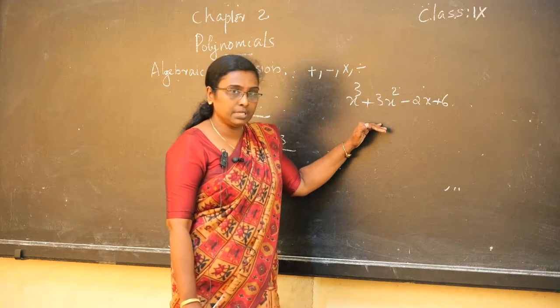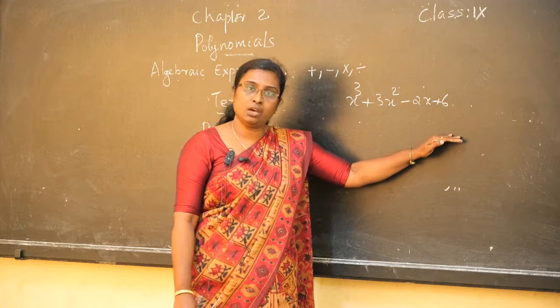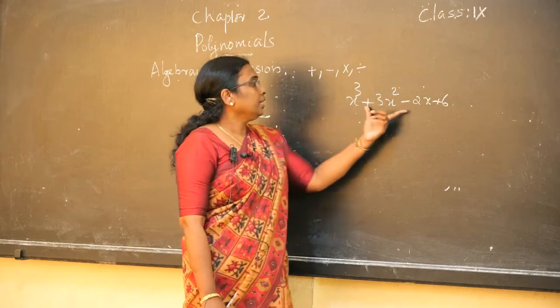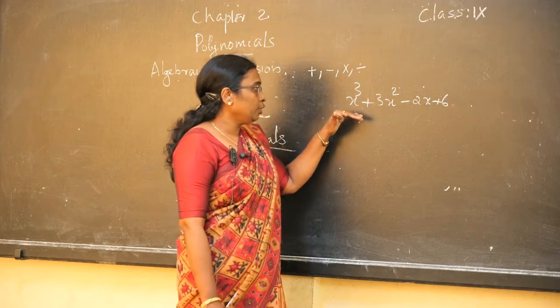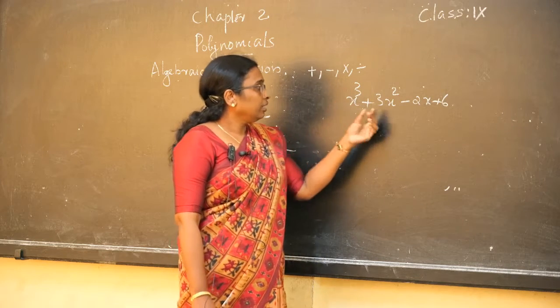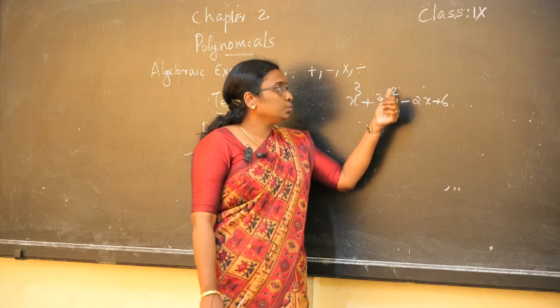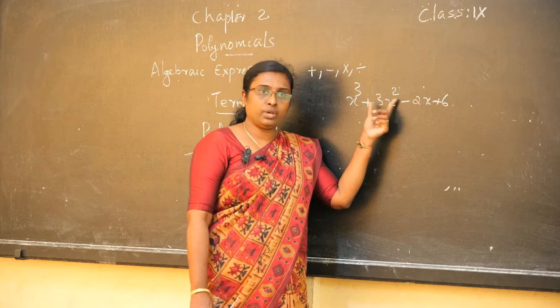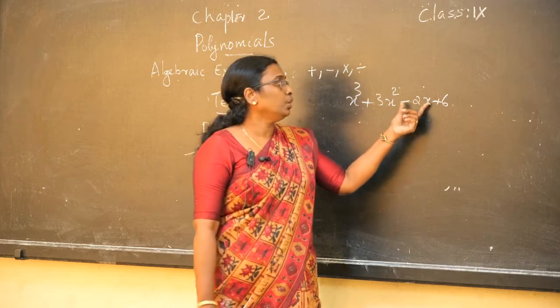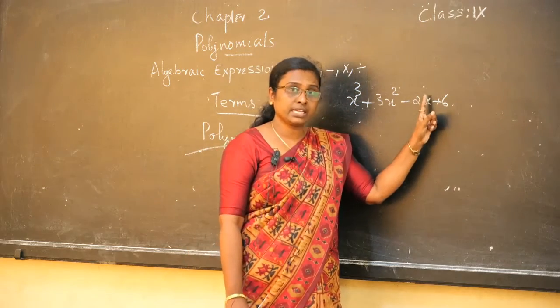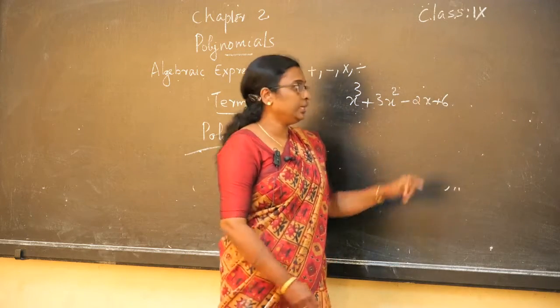You know whole numbers: 0, 1, 2, 3, etc. The exponent of 3x square is 2, which is also a whole number. The exponent of minus 2x is 1, x means x raised to 1, which is also a whole number.